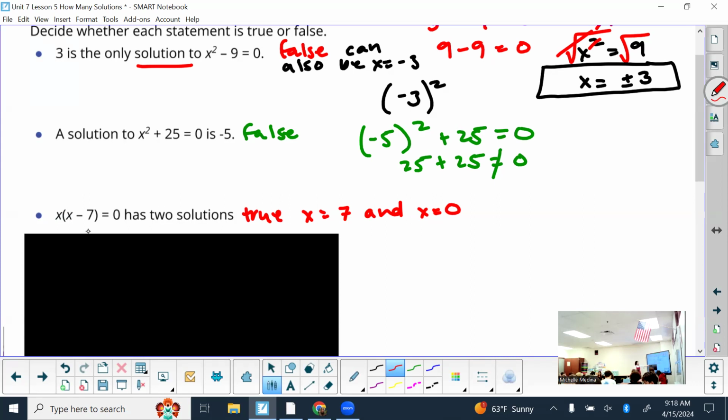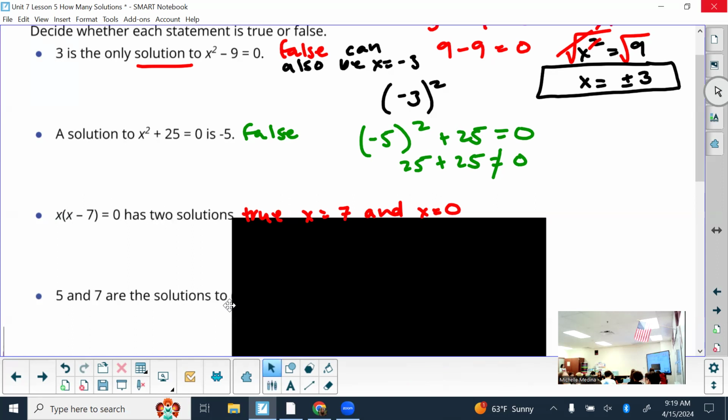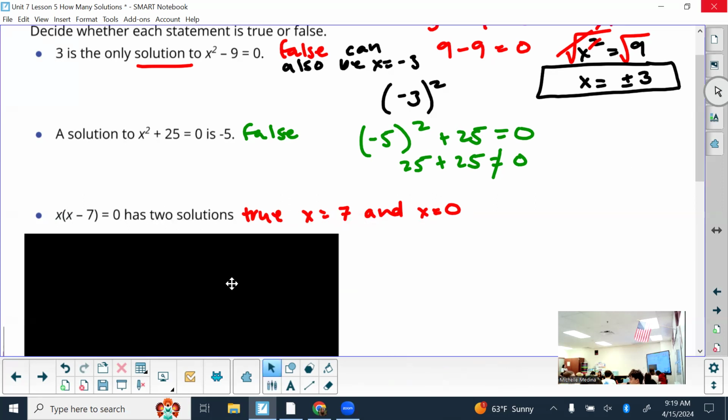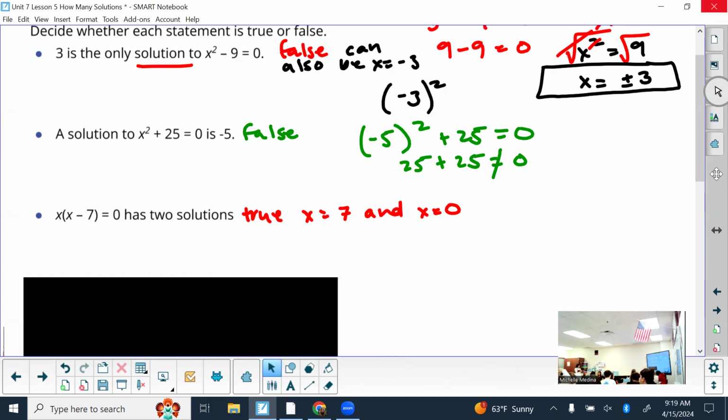But also, last week we learned how to solve these. If it multiplies to give me 0, then that means one of the numbers must be 0. And this is what I have here. I have two factors. X and x minus 7 are being multiplied together.